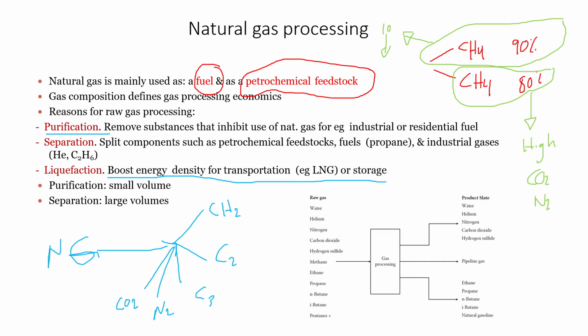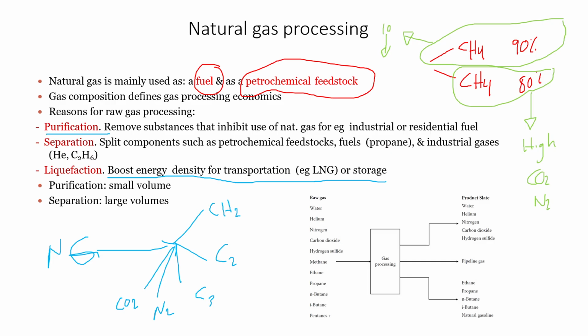You normally do purification if you are dealing with a small volume of gases, because you need to remove, for example, the CO2 and the N2 as well. But if you deal with a large volume of gas, normally you do what we call the fractionation, because when you do separation, it means that you are dealing with a high content of C2, C3 in addition to the N2 and CO2. So if your gas stream includes mainly CH4 and very little C2, C3 and a high quantity of N2 and CO2, you will not do fractionation.